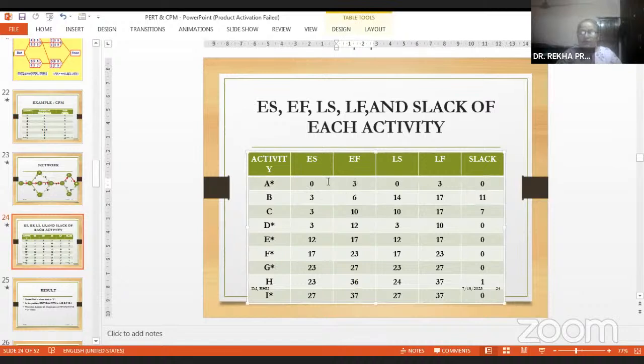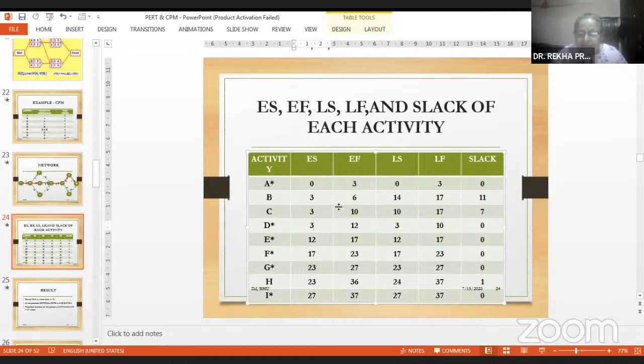Once it is finished, then you go to B. B will start only when A is finished, so it will start on the 3rd day. C will also start when A finishes, and D too. All these three will start when A finishes. So the early start of all these three is 3.